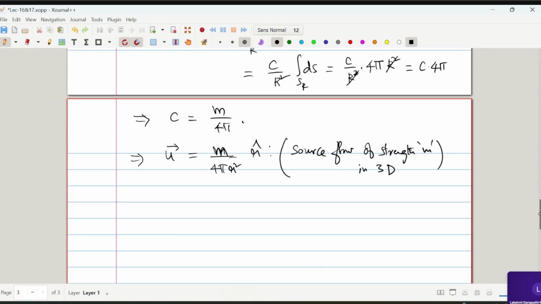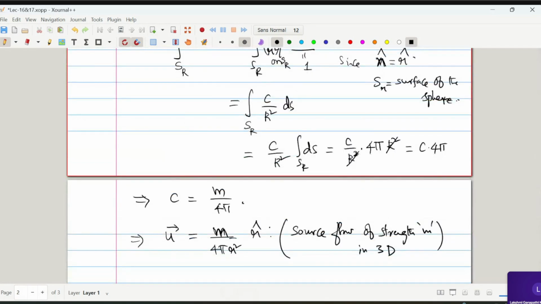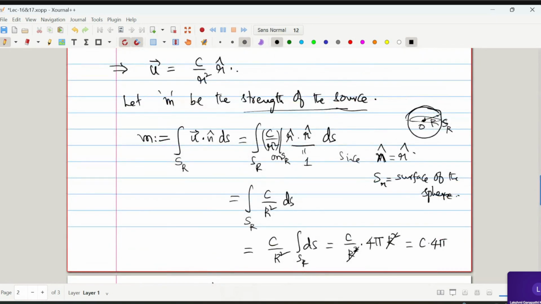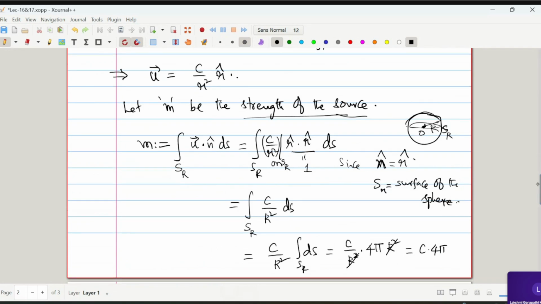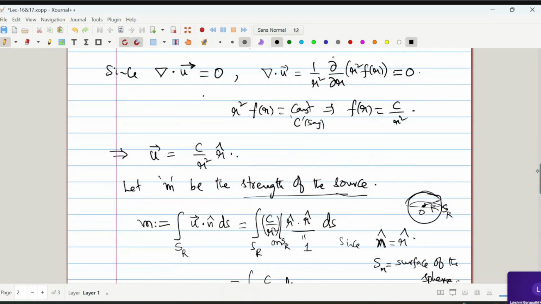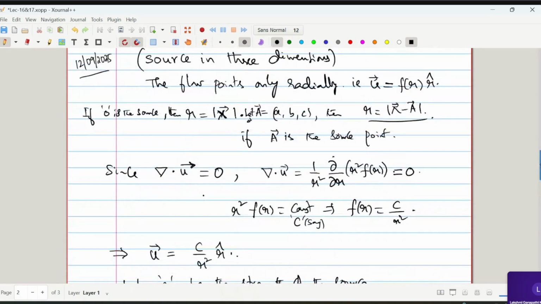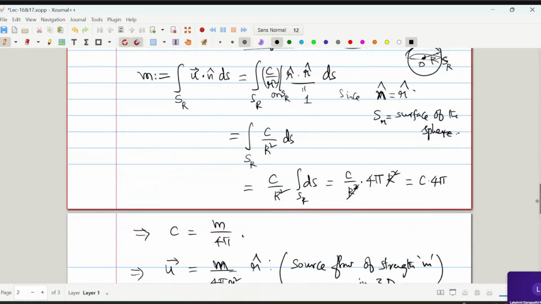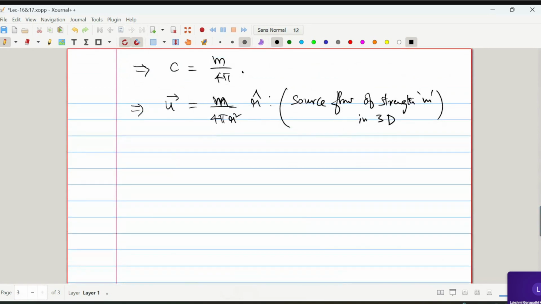Incompressible fluid you consider. Where did you consider that the density is constant? We are only dealing with incompressible fluids. So that's only for incompressible fluids. This is the source flow.